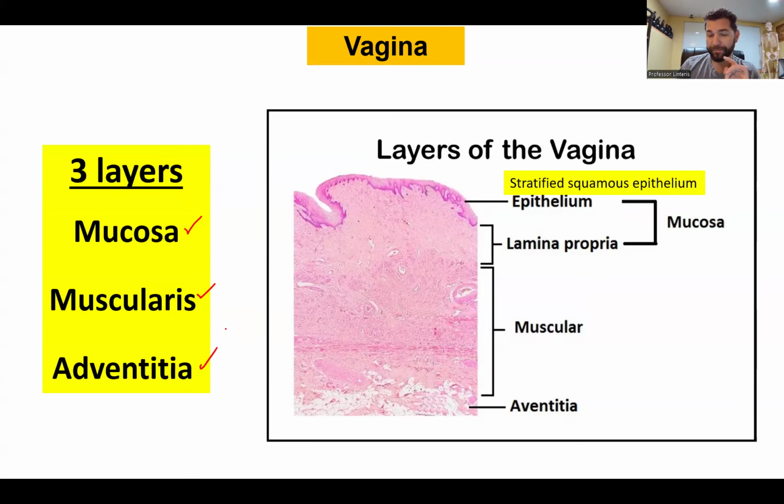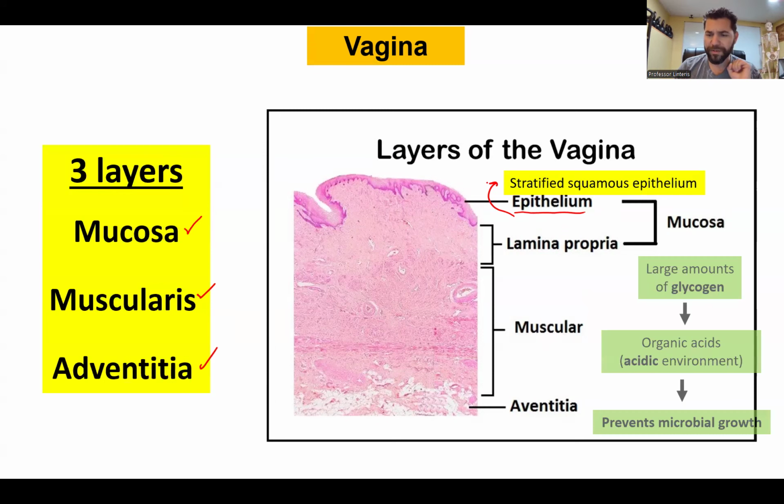The mucosa is composed of the epithelium and an additional layer called the lamina propria. The epithelium is made of stratified squamous epithelium, multiple layers of flat cells, not keratinized like you have in your skin, so it's a little bit softer.